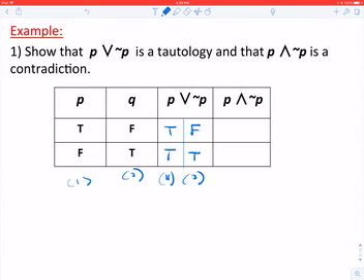Then we're going to compare P and not P. So we have not P at 3. We're going to compare 3 and 1 with the AND. Are they both true? No. This is false. Are they both true? No. This is the fifth column.